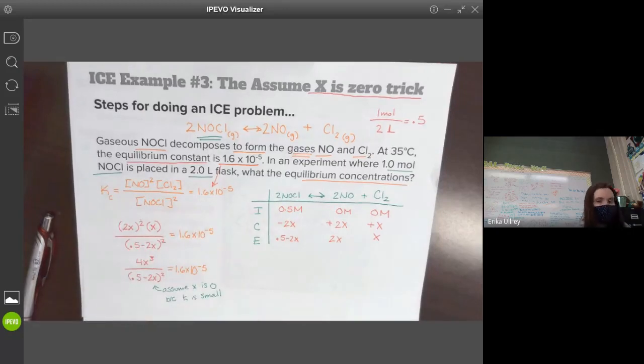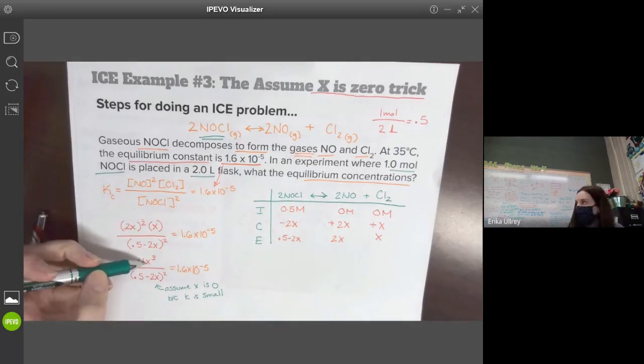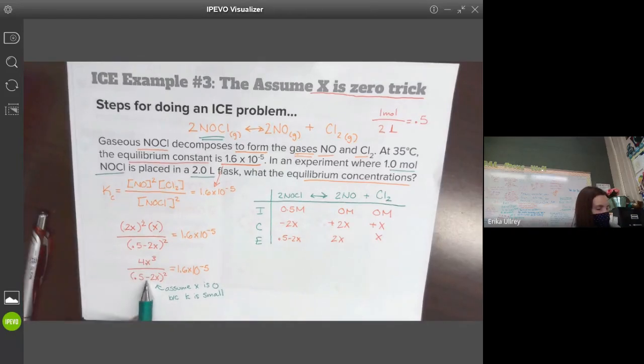Now, you can't assume this x up here is 0. You can only do it when we have the add or subtract down below here, because what this says is our x value is going to be so tiny that if I take 0.5 and I subtract from it 0.000016, it's not going to look like we really changed anything at all. It would become 4.99 whatever, and when we rounded to two significant figures, it would go right back to looking like it was 0.5. Does that make sense?